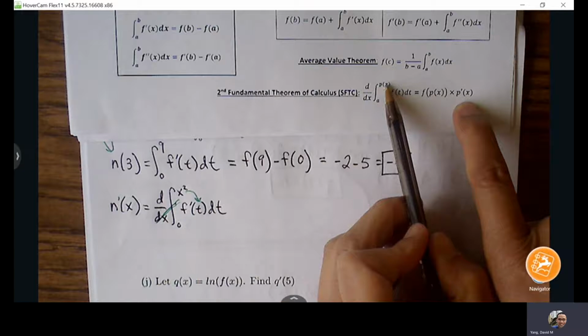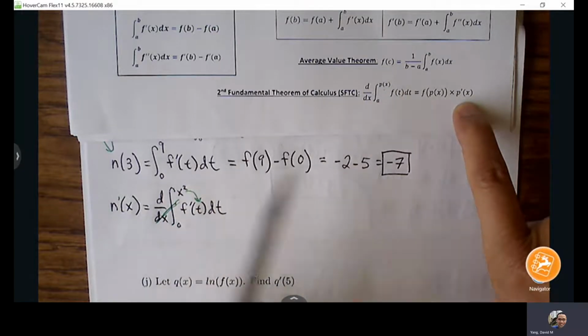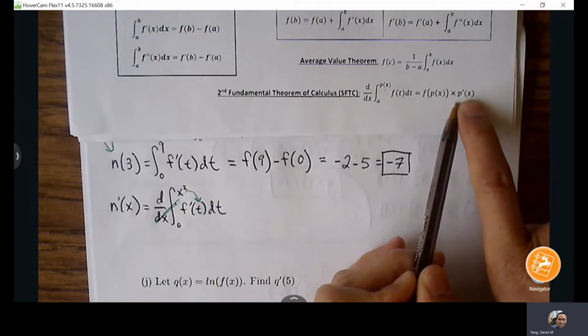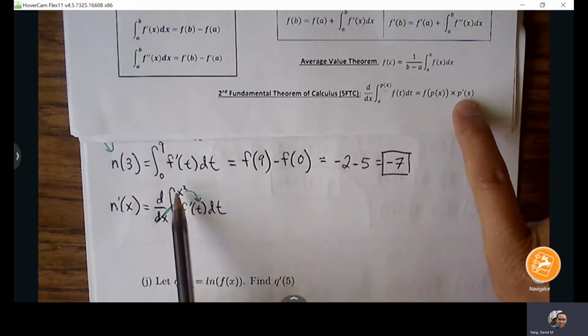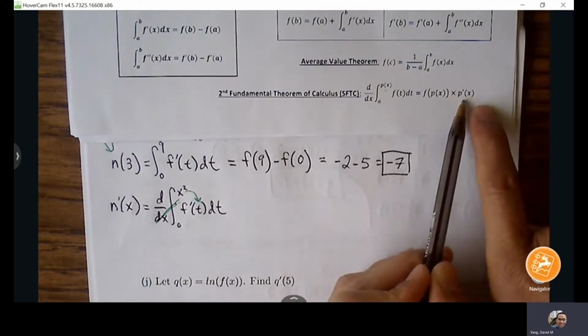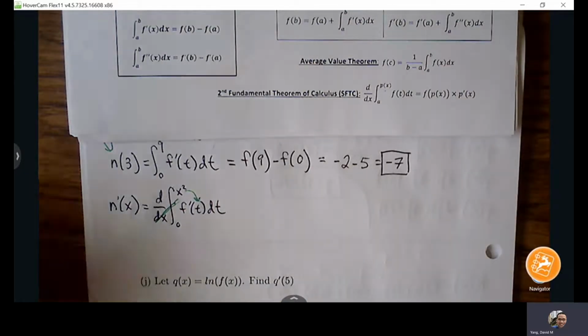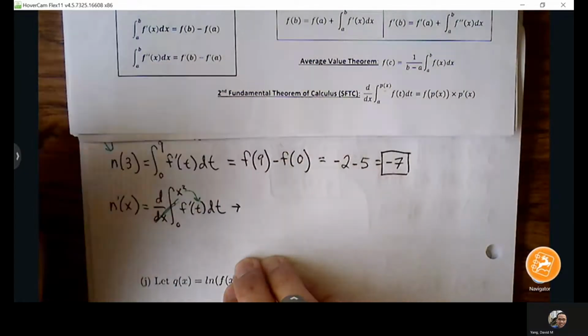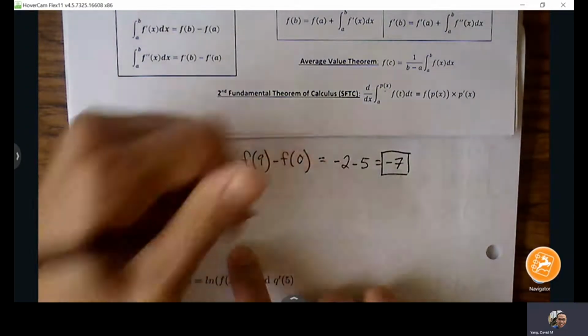Now before, we didn't have to do that because if the upper bound was just x, x would just become 1 and nothing additional would change the answer. But anytime it's anything different than an x, that p prime is going to produce something other than 1. So we know these two cancel out. This x squared gets inserted in for t.